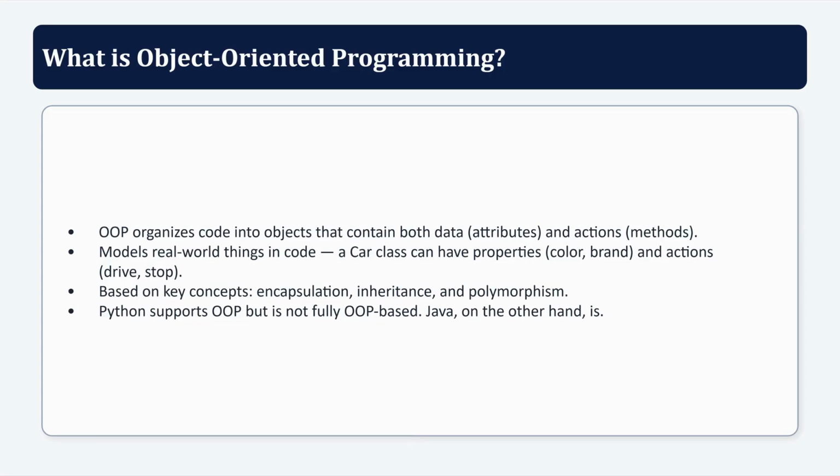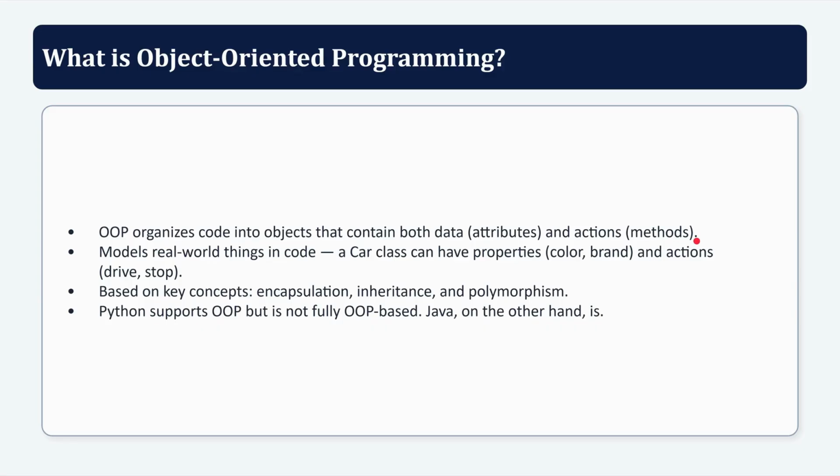Sort of like that, object oriented programming organizes code into objects that contain both data and actions. So it models different types of real world things into code using its data, its attributes, and its methods.